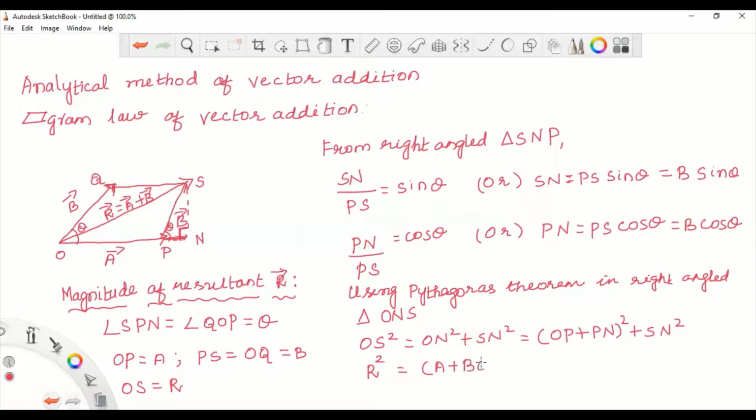So A plus B cos theta, the whole square, plus SN, which is B sin theta, the whole square. So we are going to expand this, because A plus B cos theta, the whole square, will become like the A plus B, the whole square formula.